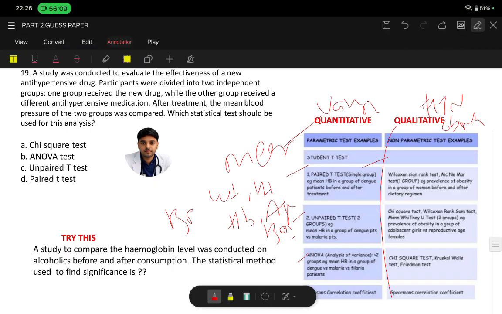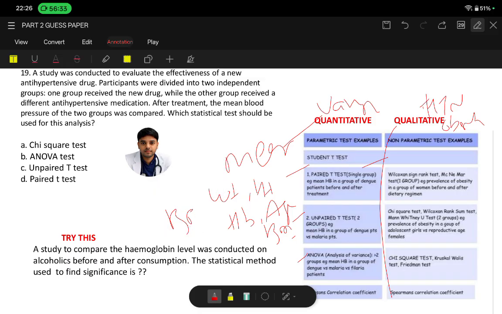Okay, the next one here, qualitative. I have the chi-square test. So what they asked here: mean blood pressure. Tell me, BP can be measurable or not? Measurable.